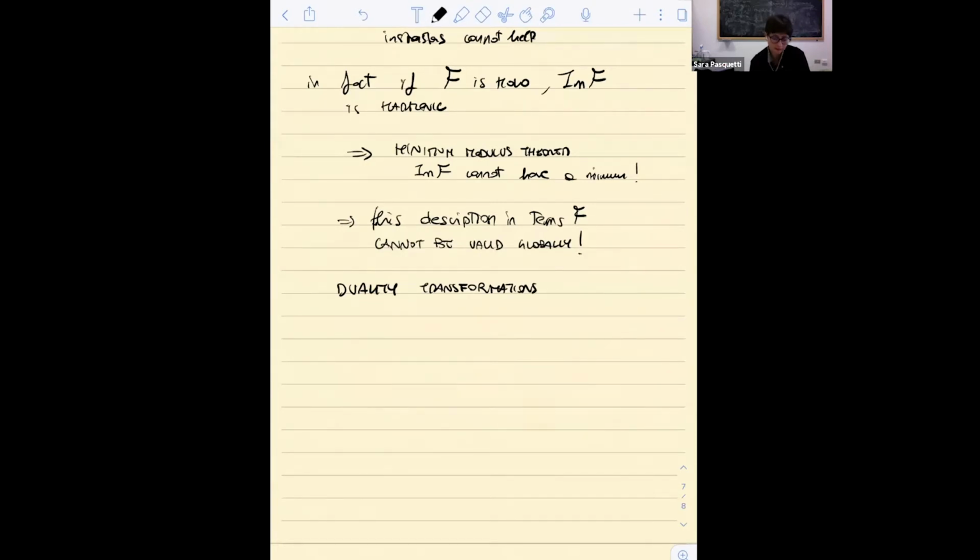So we can define sort of a Legendre transform.